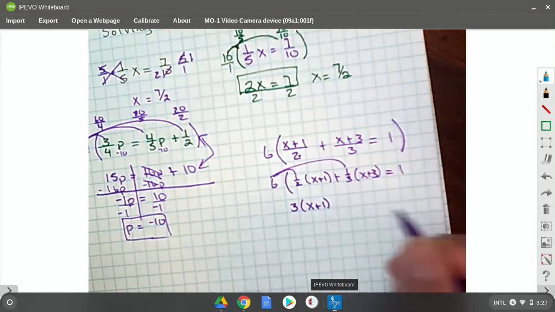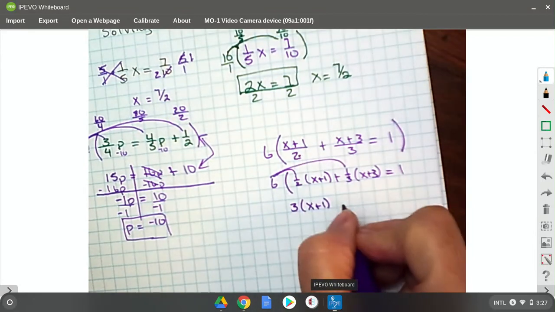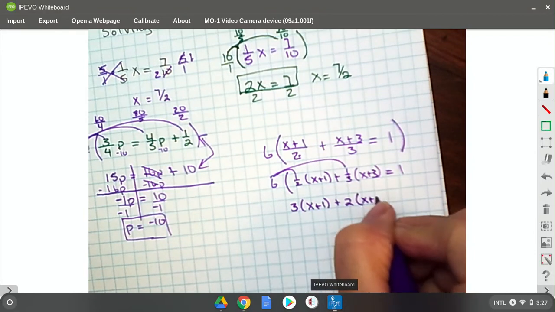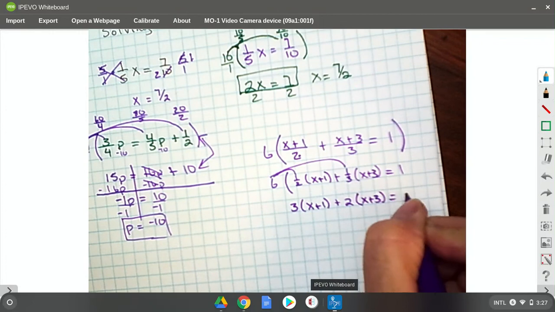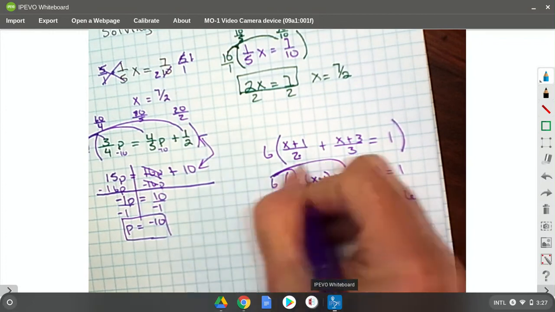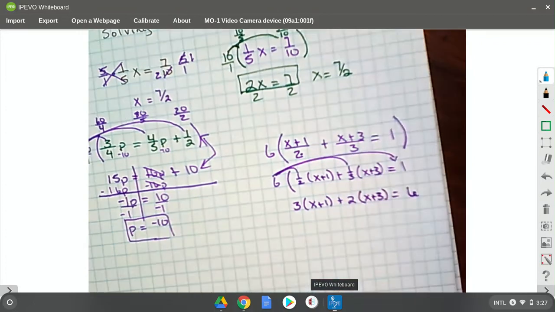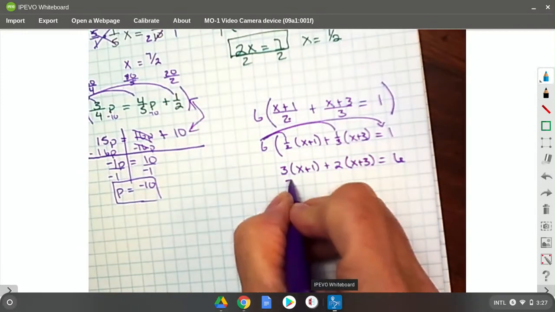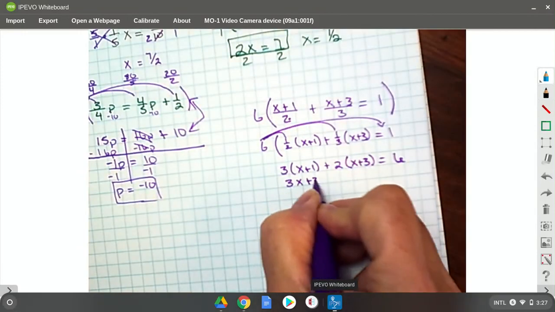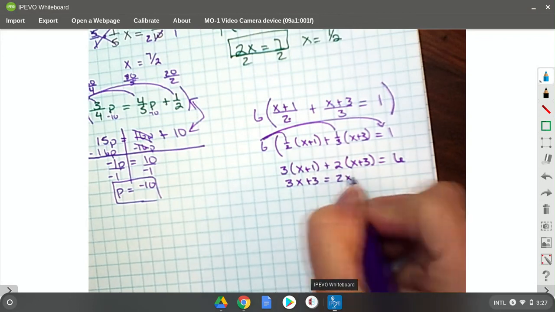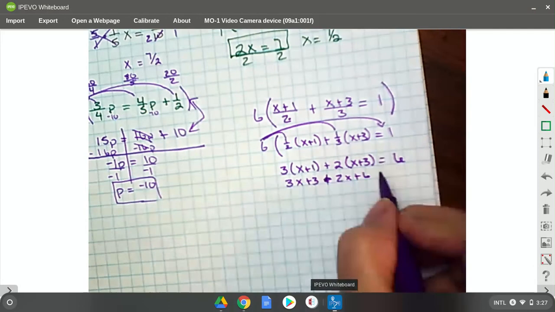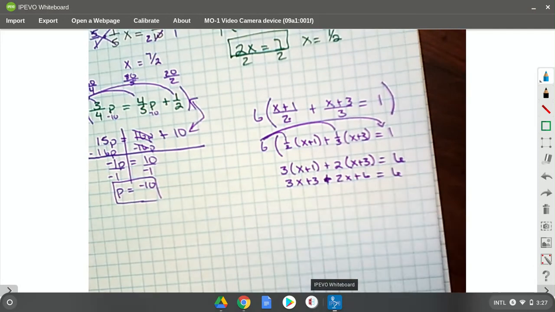And 6 times 1/3 gives me a 2 times x plus 3 equals 6. Don't forget, absolutely everybody. All right, so now I have 3x plus 3, plus 2x plus 6, equals 6.